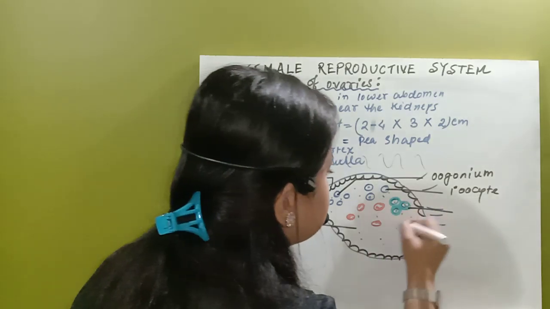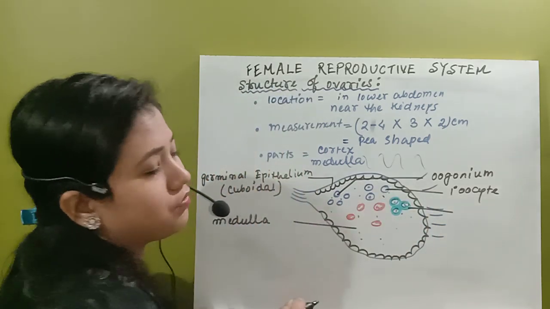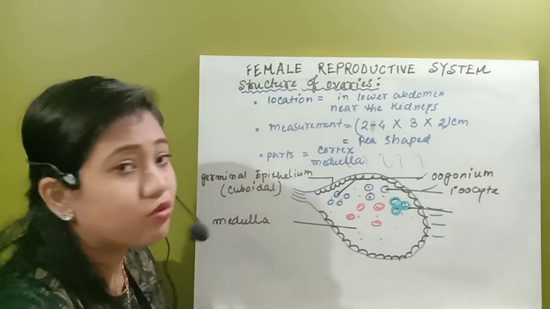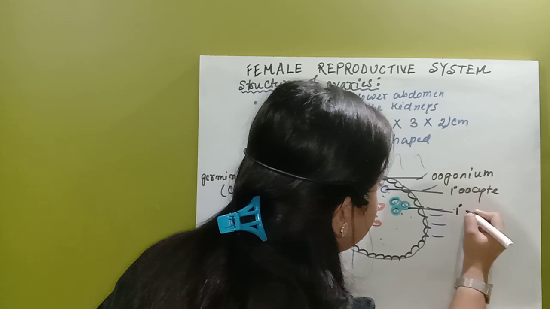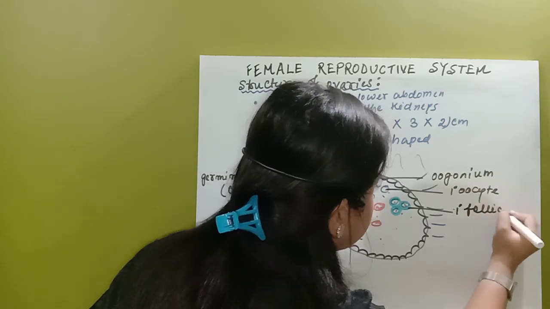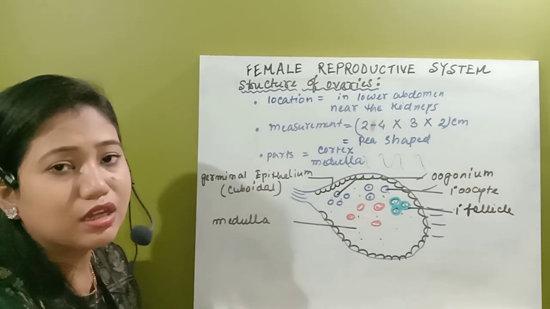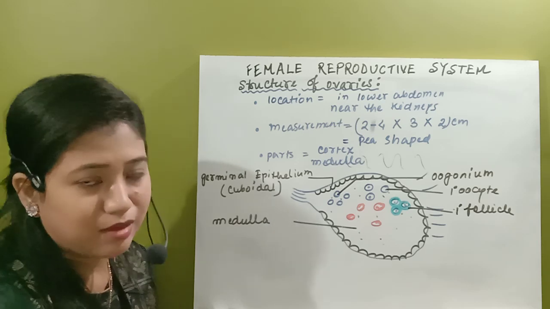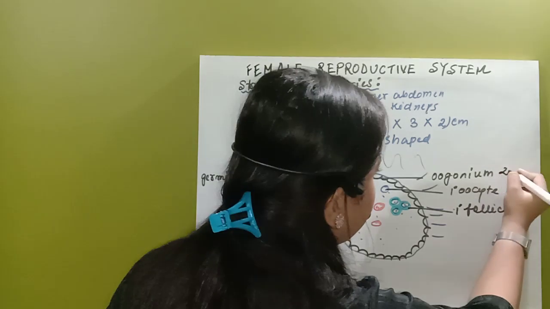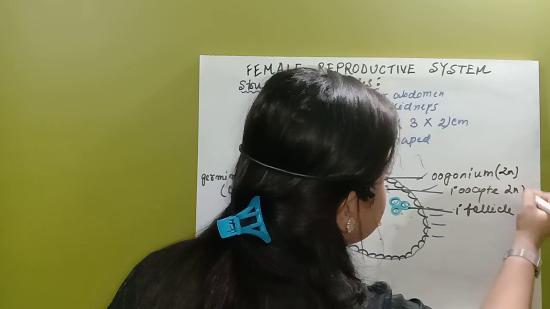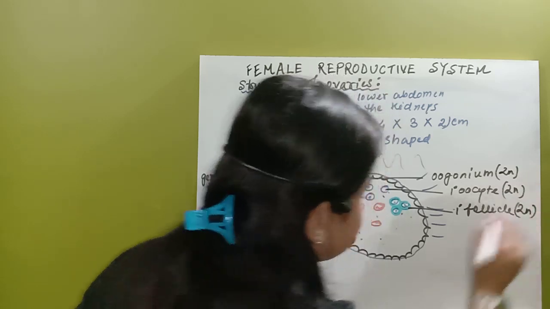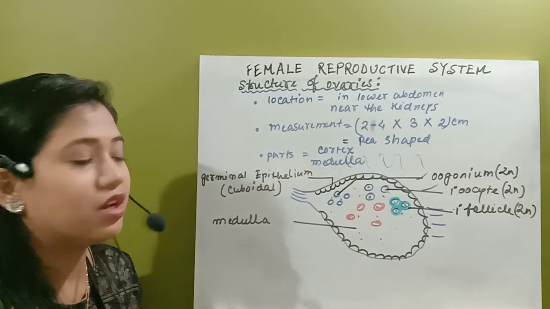So that structure, whenever it has a layer of granulosa cells, is known as the primary follicle. Those cells, till now, have the same twice the number of chromosomes, or 46 chromosomes. So later on we'll see in the menstrual cycle what will happen.